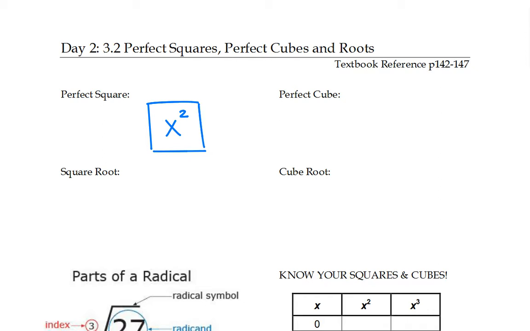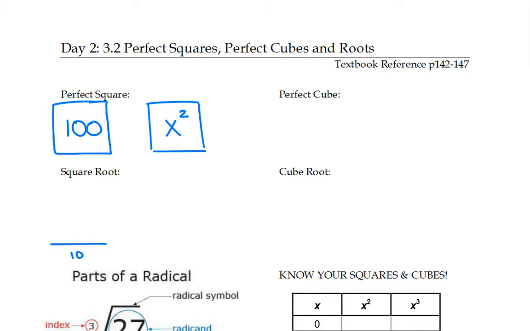Can you think of a perfect square? Maybe the one I just used. 100. If 100 was the square, what would be the square's root? Or in other words, what's the square's length? 10.